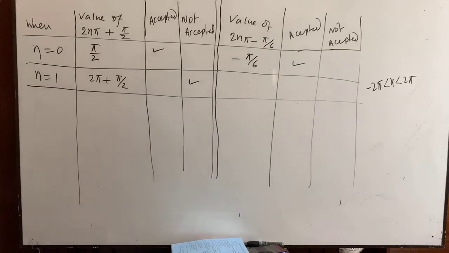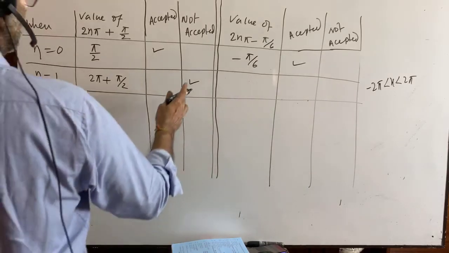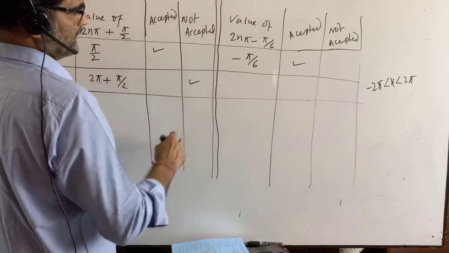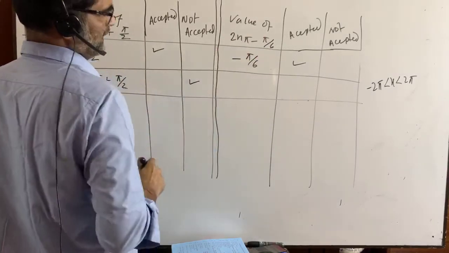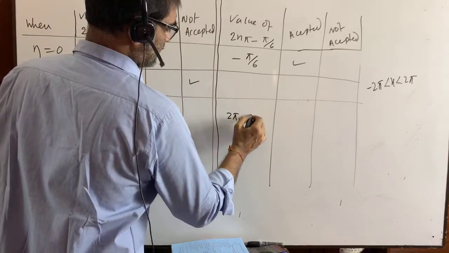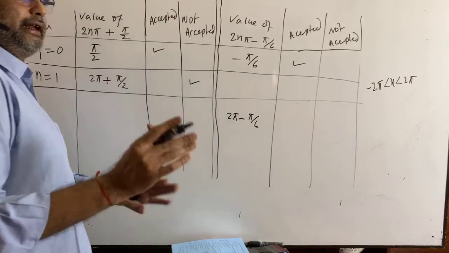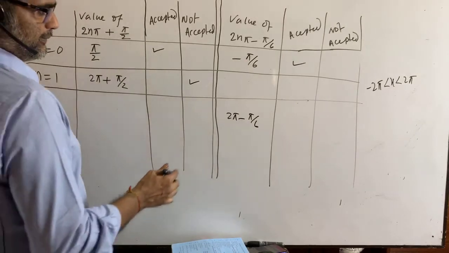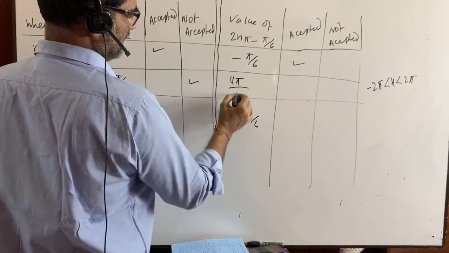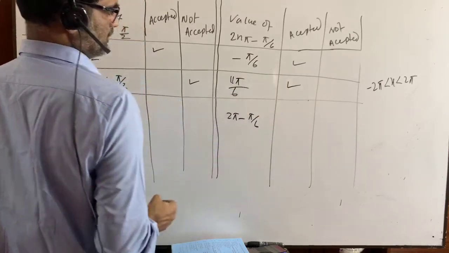That means it is greater than 2 pi. So it is not accepted. Now for n equals to 1 in the other value, we are getting 2 pi minus pi by 6. That means it is less than 2 pi, right? That means 11 pi by 6. So it is accepted.